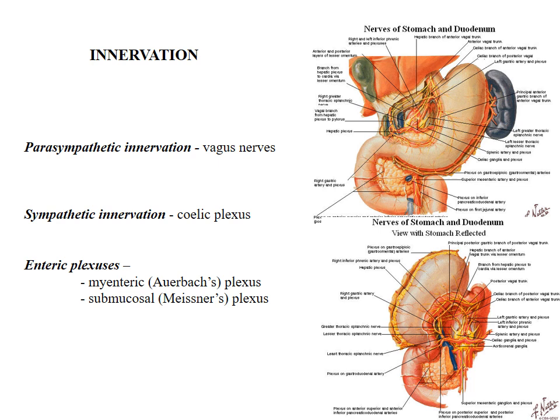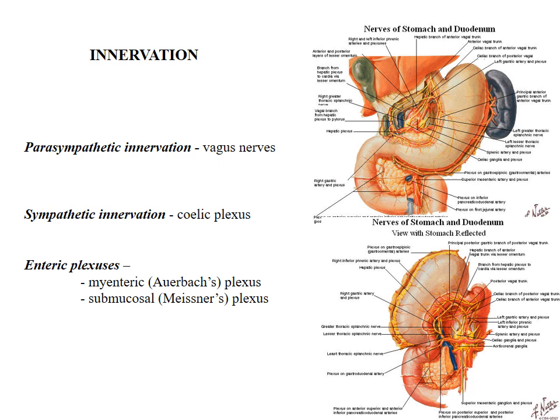Innervation of the stomach arises from several sources. First, parasympathetic innervation is from the vagus nerves, right and left vagus nerves, which enter the abdominal cavity as the anterior and posterior vagal trunk.